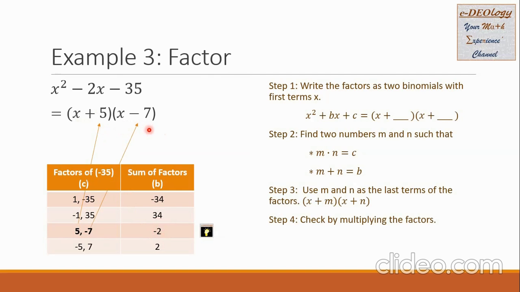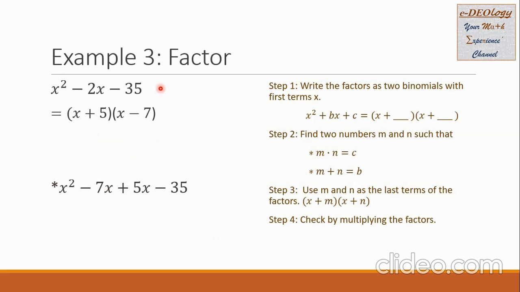Step 4, we will check our answer by multiplying these two factors. And we hope that the answer will be the same as our trinomial here. So multiplying x and x, that is x squared. X times negative 7 is negative 7x. Then 5 times x is positive 5x. 5 times negative 7 is negative 35.